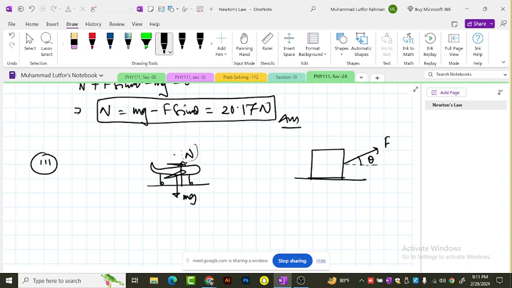Because if it wants to take off from the surface, obviously this normal force is going to be 0. What happens is that the airplane runs with a very high acceleration on the runway to minimize that normal reaction force. How? That's the Bernoulli's equation.